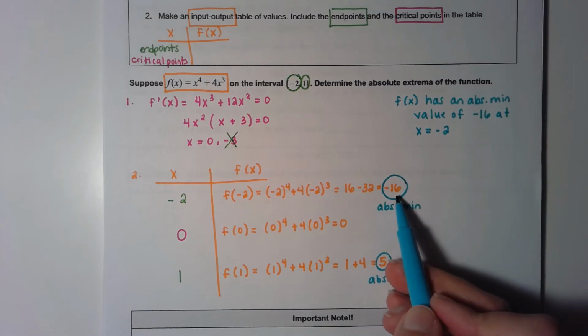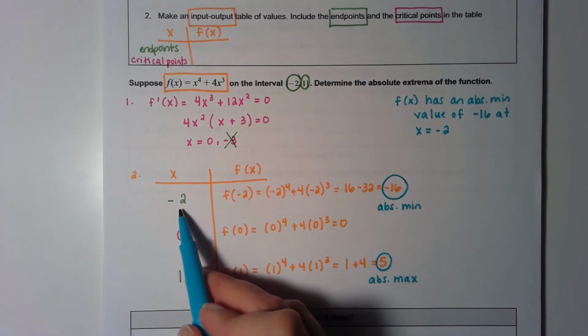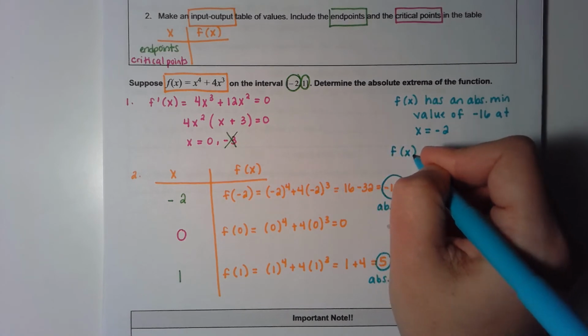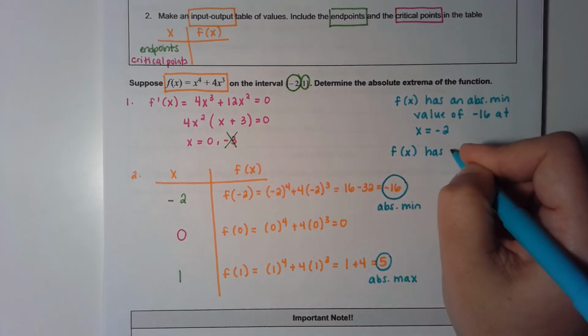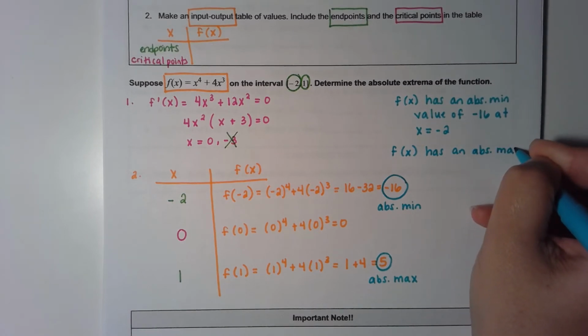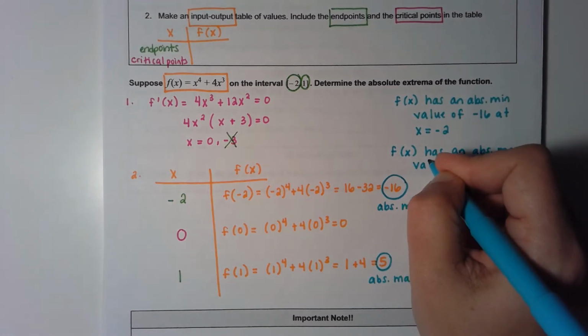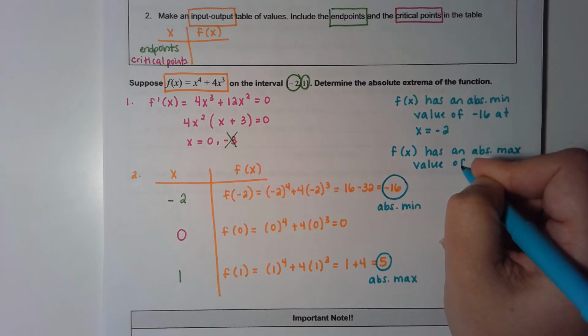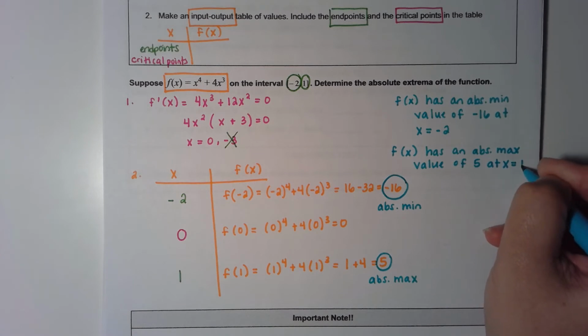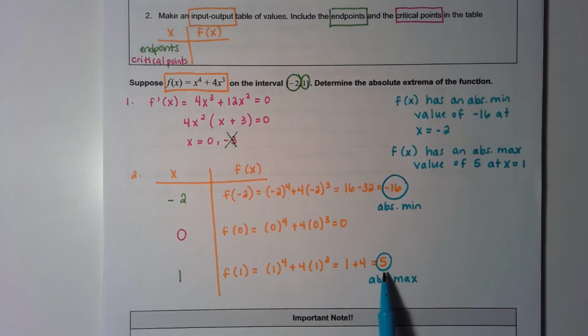So the minimum value is negative 16 at x equals negative 2. And f of x has an absolute maximum value of 5 at x equals 1. So the highest it goes is 5, and that happens when x is 1.